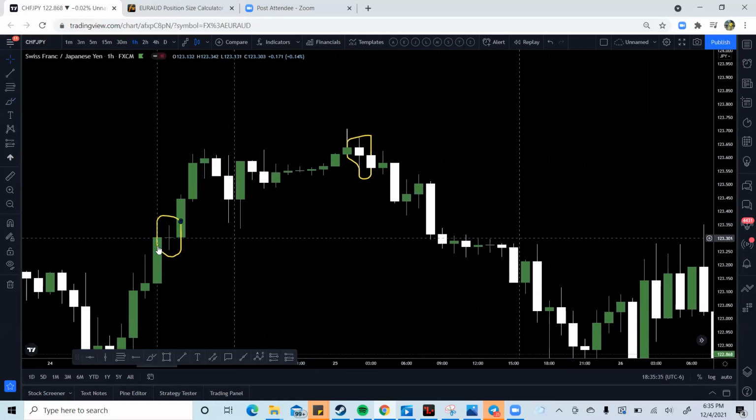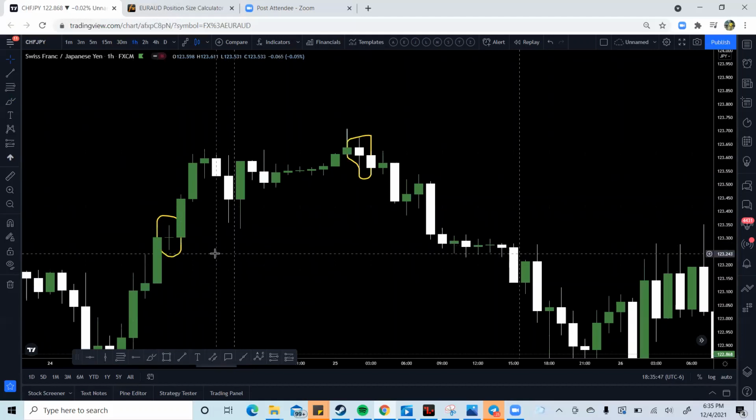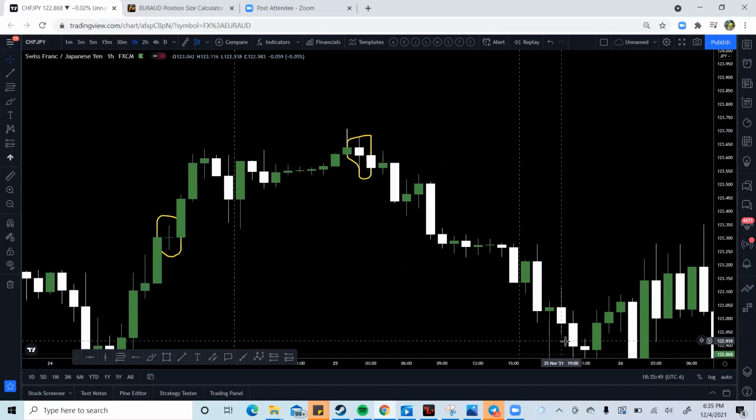What's the difference between this doji and that doji? Why did this doji fail, or wouldn't have been a good doji to trade off of or to pay attention to the markets off of? Now, why was this one invalid, whereas this one led to an 80 pip move?